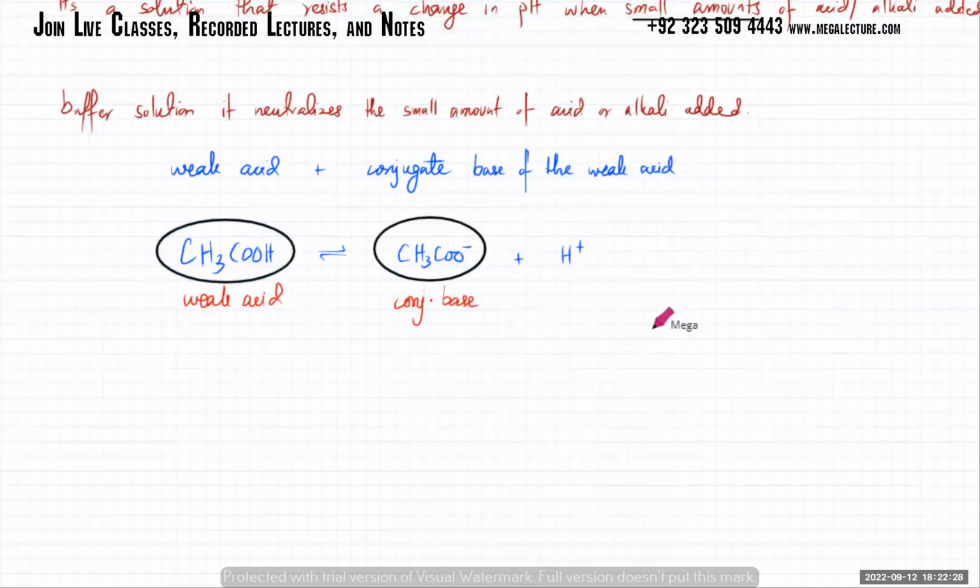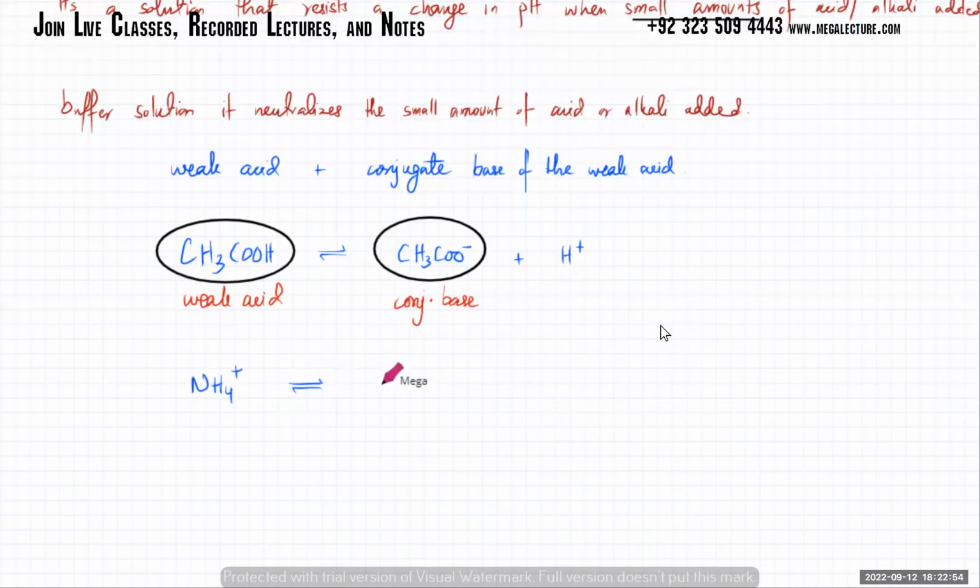Okay, so any other equation, any other weak acid, let's say if I have ammonium ions, that's a weak acid. So ammonium ions, and they're going to ionize weakly, and they will produce two things.